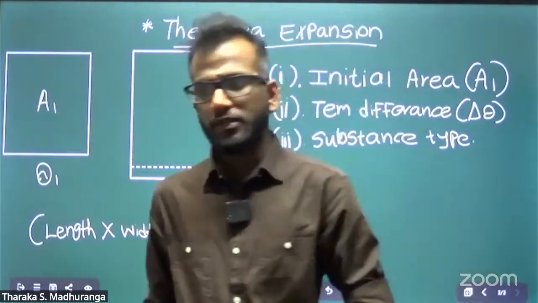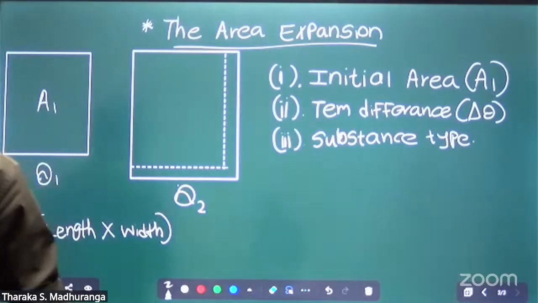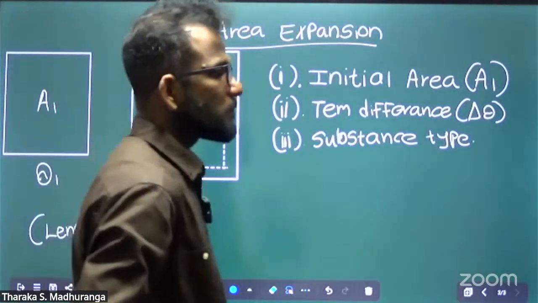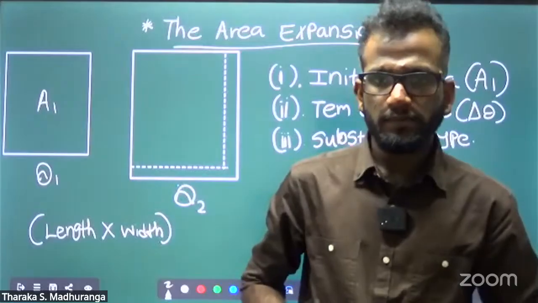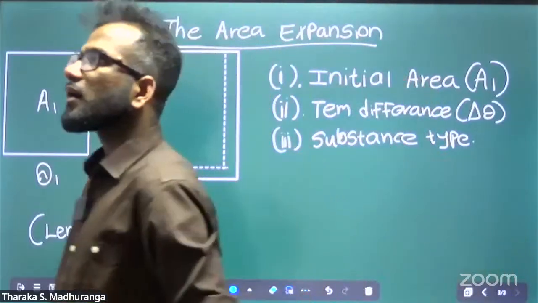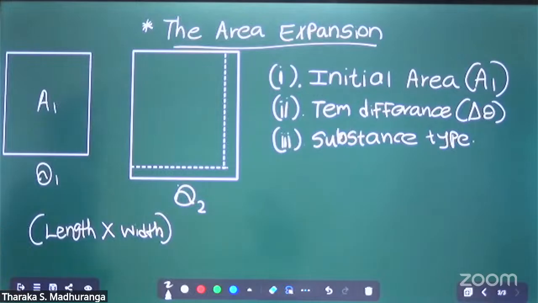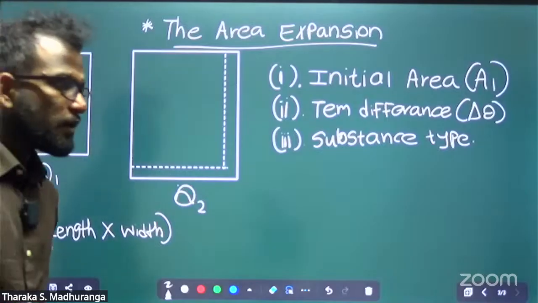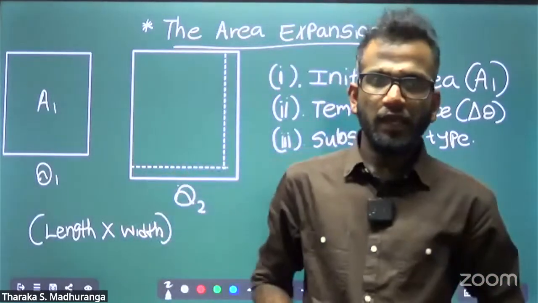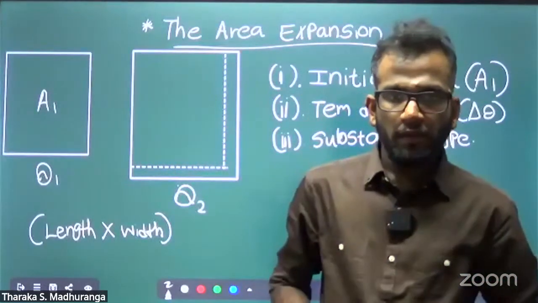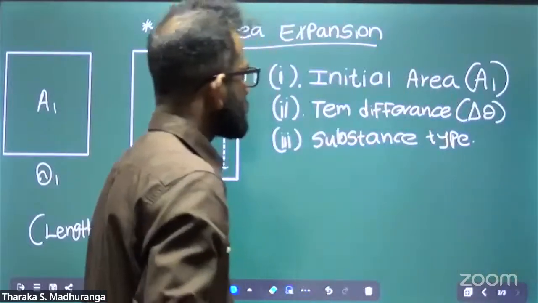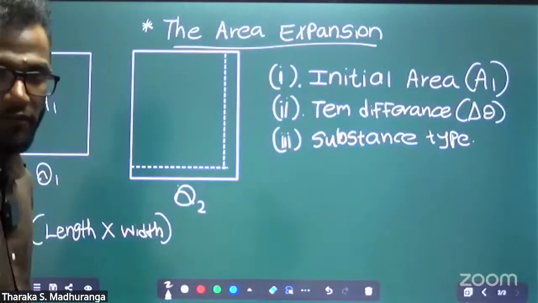Okay, second point. There are three main factors affecting the area expansion. Write down the first one, initial area, within bracket A1.